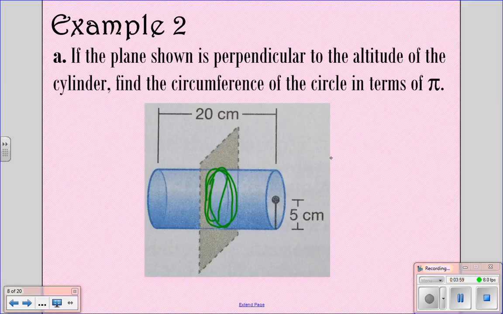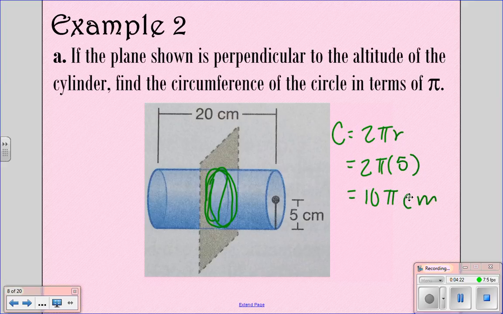It's just further along the cylinder. So our circumference formula is just 2 pi r. So we have 2 pi, and then our radius is 5. And so we would have 10 pi. And it said in terms of pi, so we leave it as 10 pi. And then the units on that are just going to be centimeters. And so that'd be your answer.